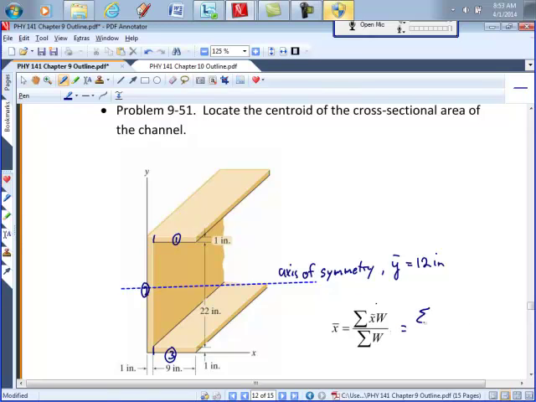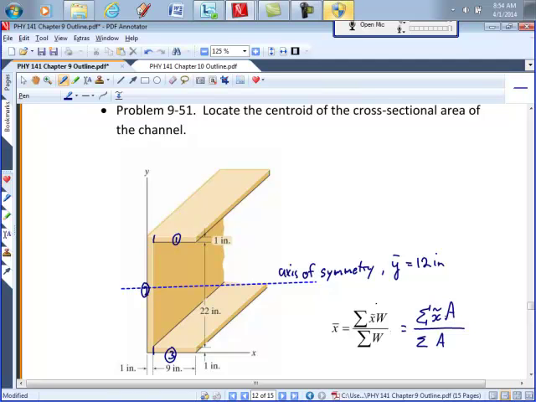So that's going to be x tilde times area. For these calculations, we need to basically find for each of the three areas the x tilde and the area, and then we're going to sum them up.